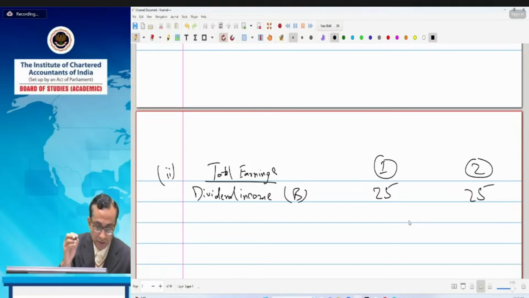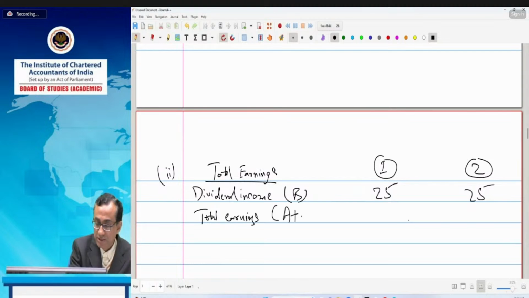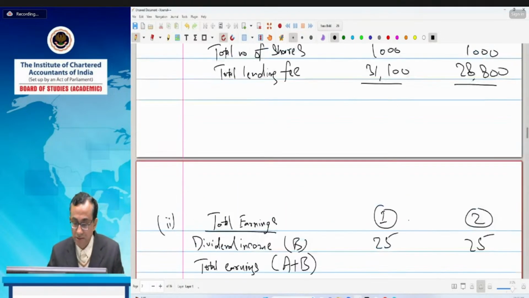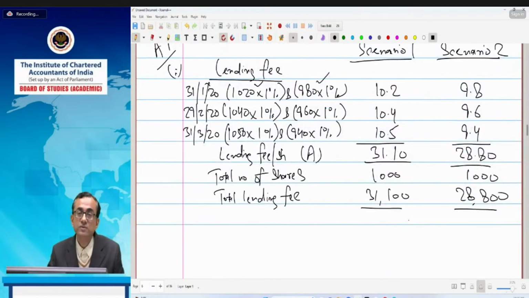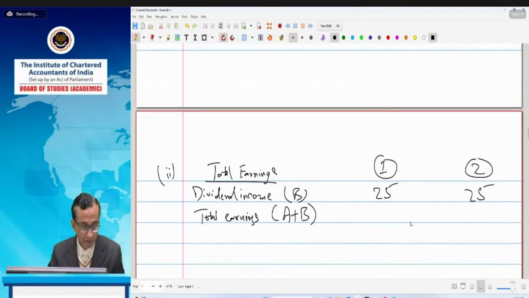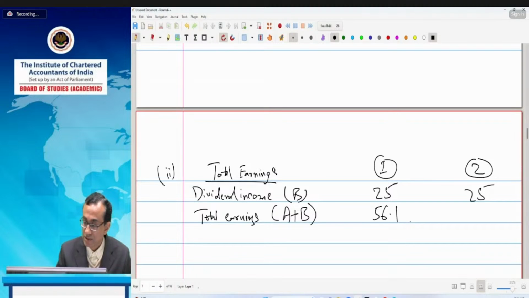And then total earnings. Total earnings will be A plus B, that is the lending fee plus dividend, both will be the income of A. So it will be 56.1 in case of scenario 1 and 53.8 in case of scenario 2.